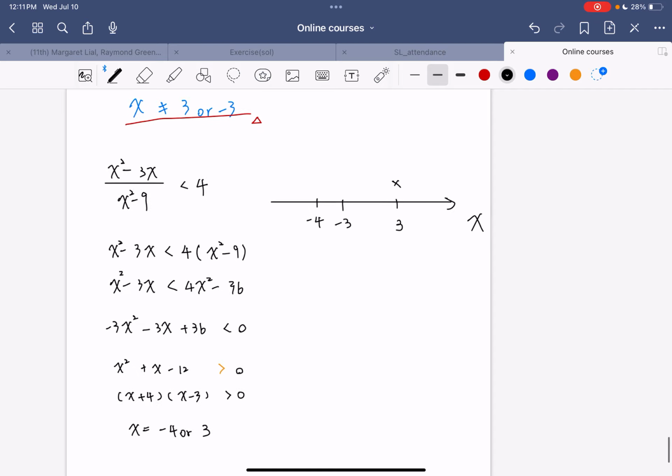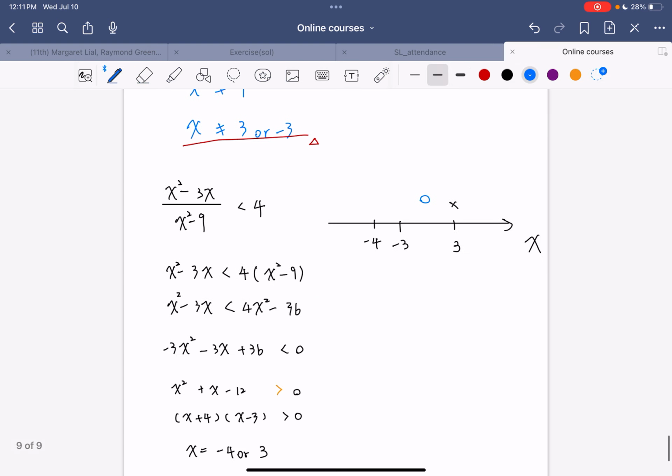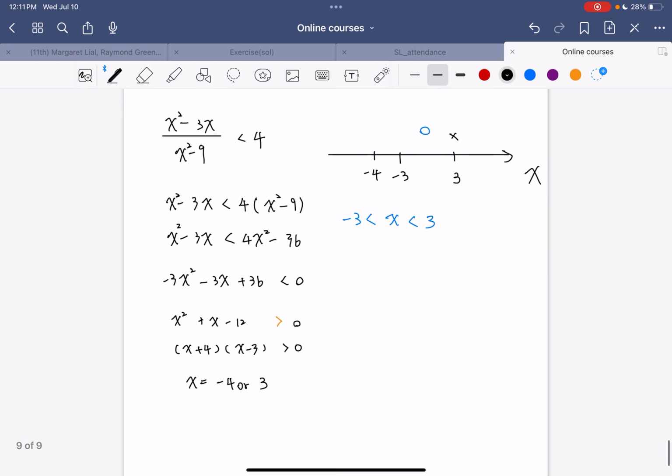Okay. Then at this point, we pick numbers in area. I'll pick 0 for here, and we can start our validation for here. So we are validating the area between -3 and 3, less than x and less than 3.